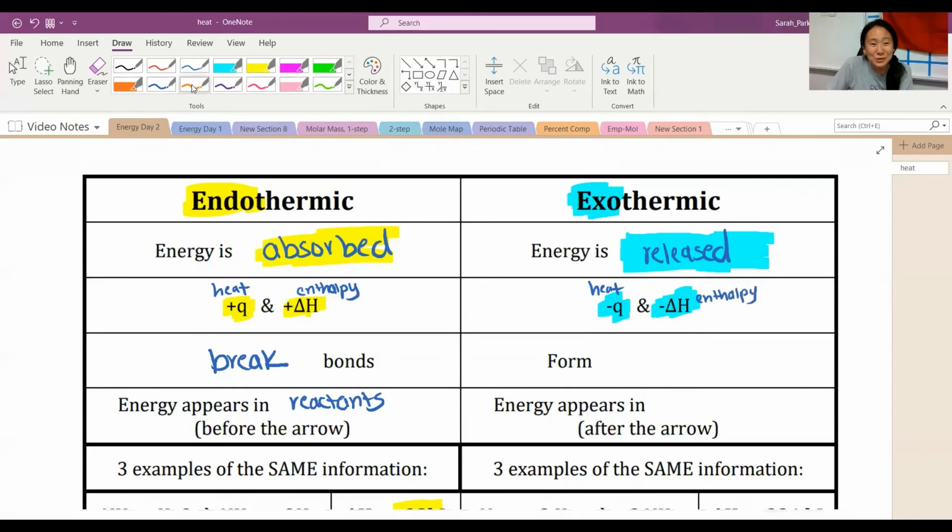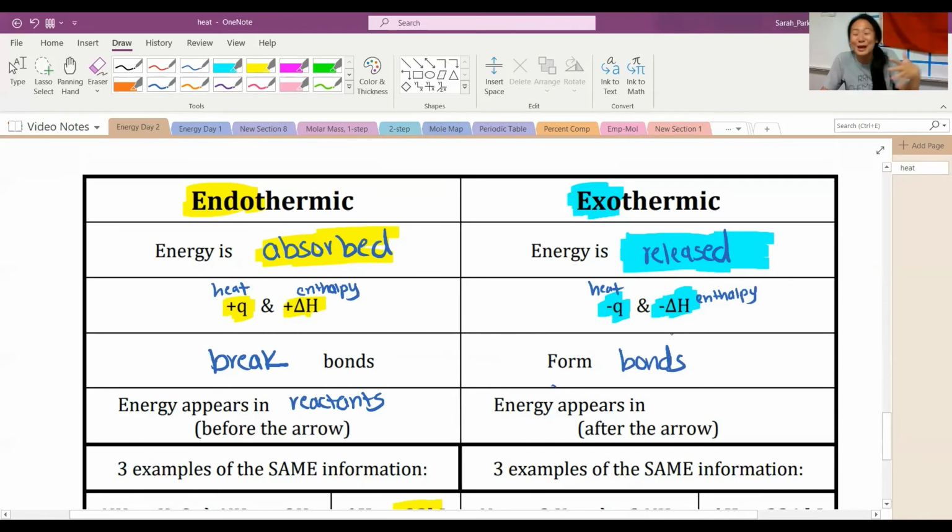Now, after you break bonds, you gain all this energy to break them, and then you form new ones, you form little friendships and compounds. When you form these bonds, you actually will release energy because you don't need it anymore. You're not trying to break anything anymore.